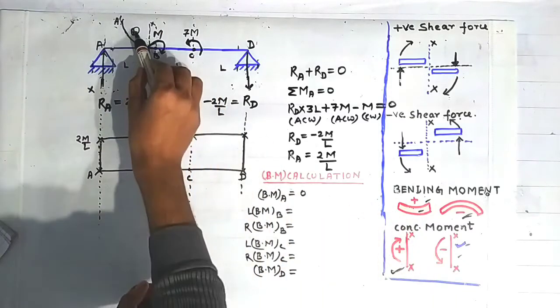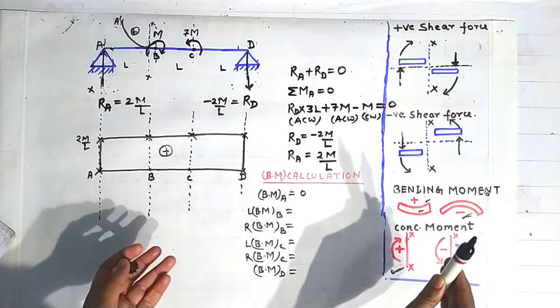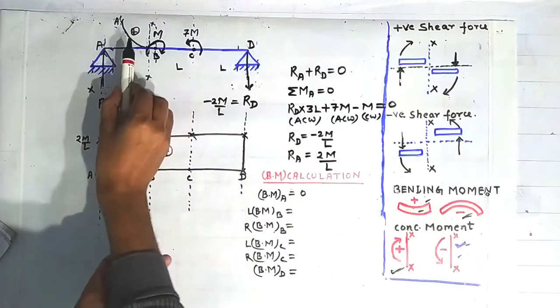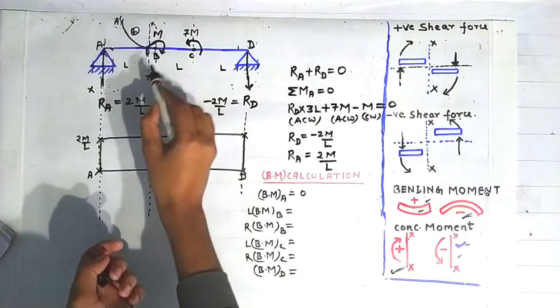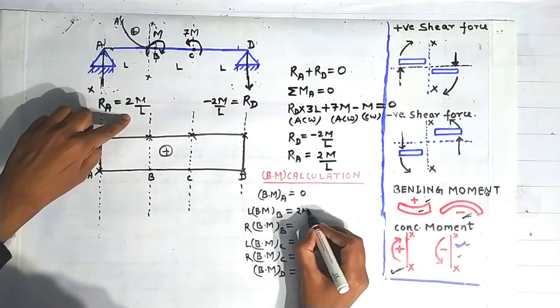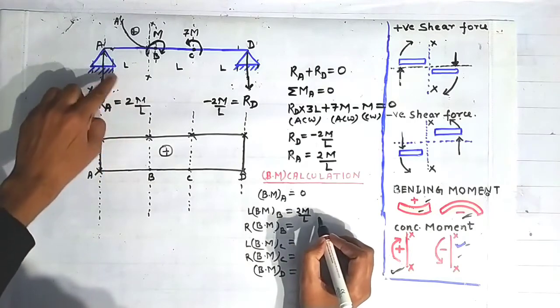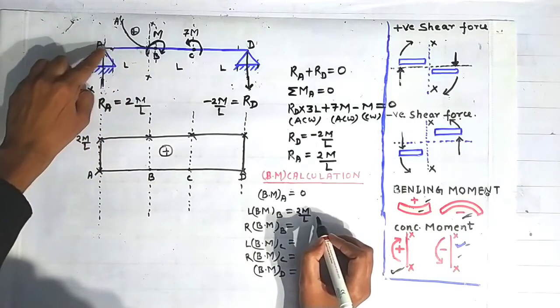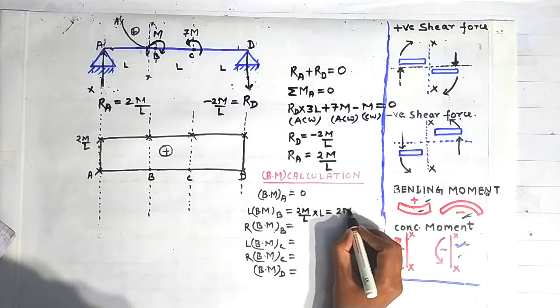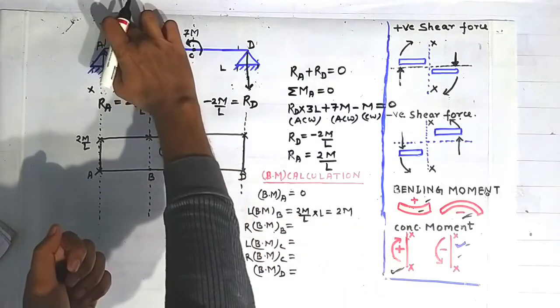That's why it is treated as positive, and concavity down is treated as negative. That we will see later, but here it is positive. So it will create a bending moment of magnitude 2M by L, that is this force, into this distance L between A and B. So it will create a bending moment of 2M. Now I am rubbing this.